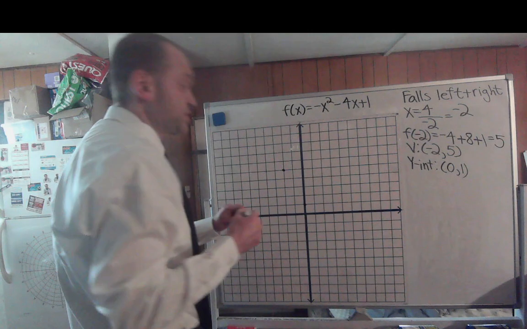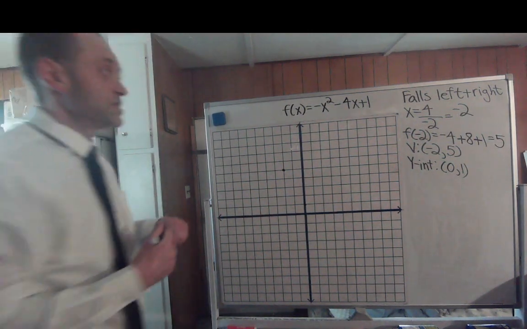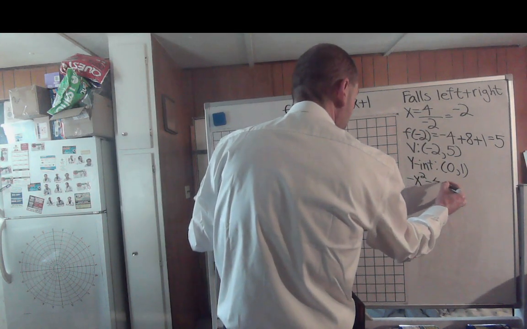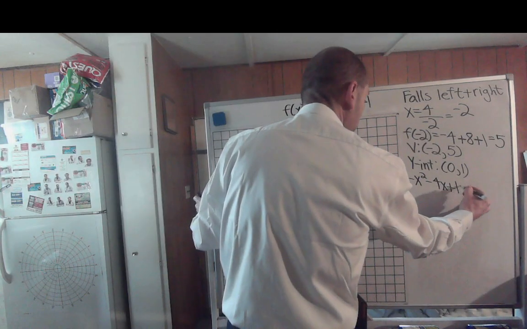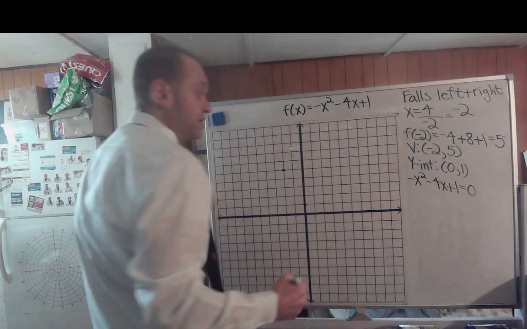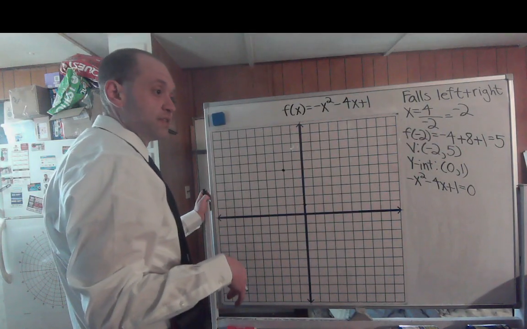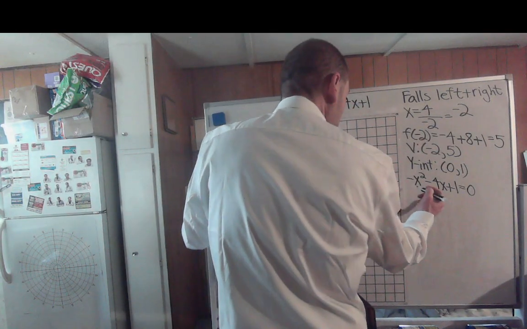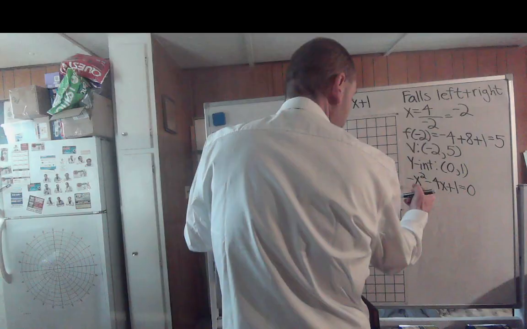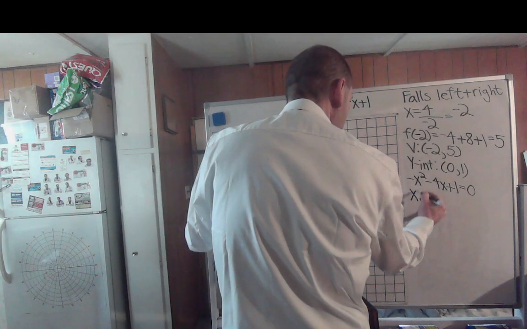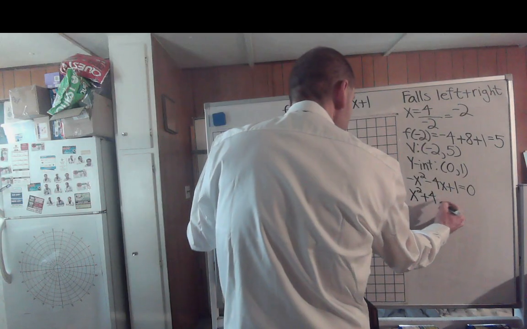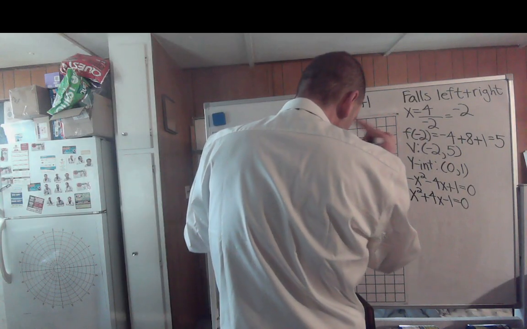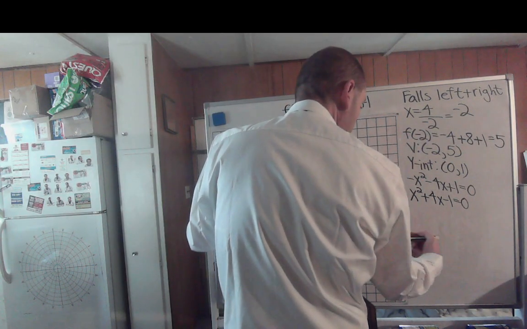And then, of course, let's find the x-intercepts. So take that negative x squared minus 4x plus 1, set that equal to 0. It's definitely not going to factor, but we could definitely use completing the square, or if you really feel like it, use the quadratic formula. Well, this would end up giving you, if you factor out a negative 1, you would get x squared plus 4x minus 1 equals 0. So let's see, to complete the square, get rid of the 1 out of the left-hand side.